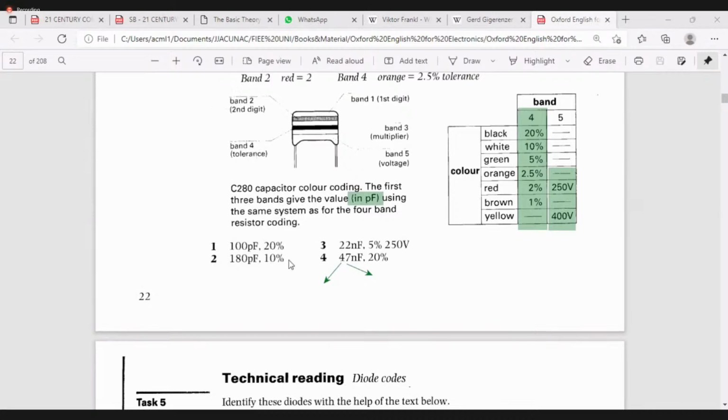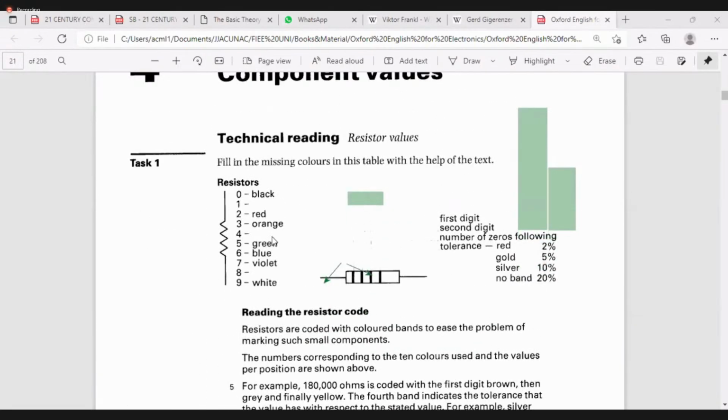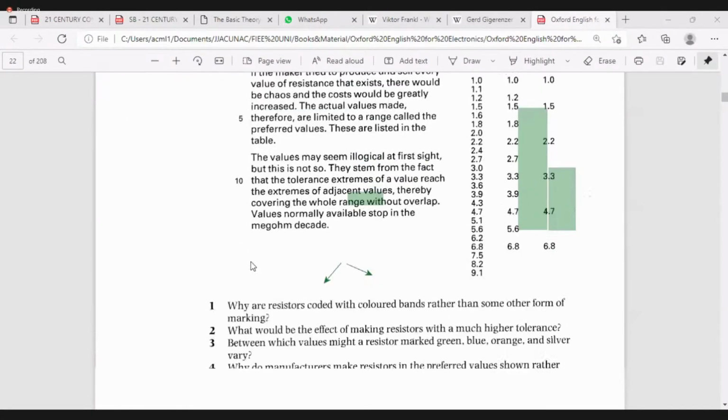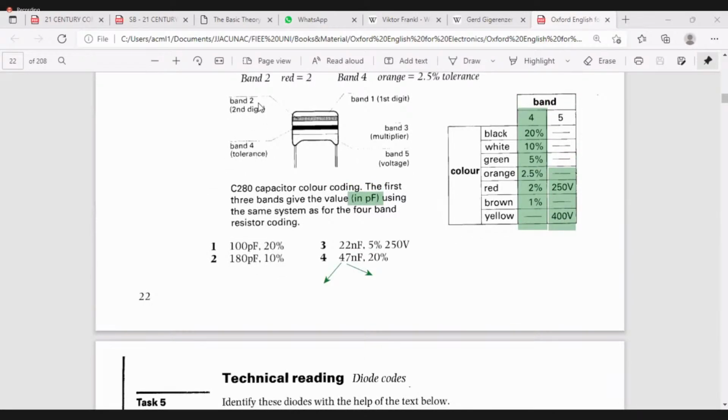So to indicate 4, we put yellow, remember? And number 7 is violet. So in this capacitor, we have yellow, violet for 7, and the tolerance, 20%, indicated with black.